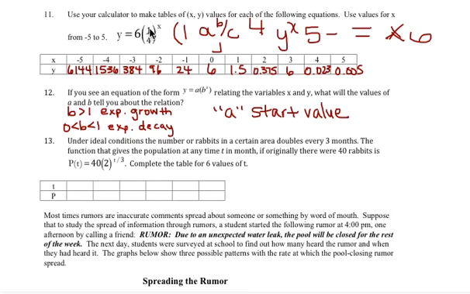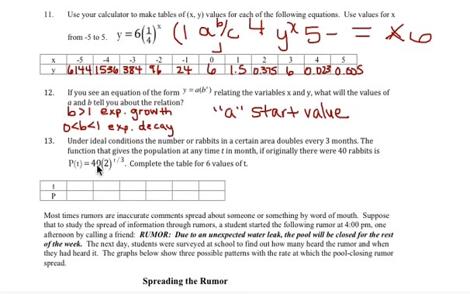All right, I don't know if we're going to have enough time to do this or not, but we can look real quick. Under ideal conditions, the number of rabbits in a certain area doubles every 3 months. The function that gives the population at any time t in months, if originally there were 40 rabbits, is this function. So if there were 40 rabbits and it's going to double every 3 months, that's why it's times 2.